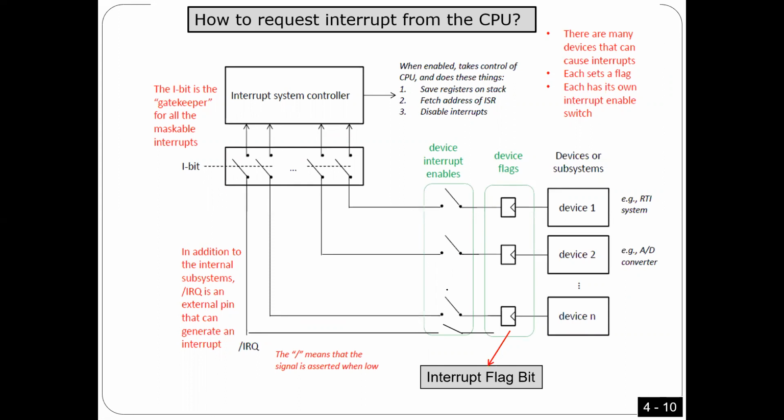The second thing you have to do in programming is about the interrupt flag bit. I explained the idea, and it's very simple how it works. Every interrupt source also has one bit, called the interrupt flag bit.